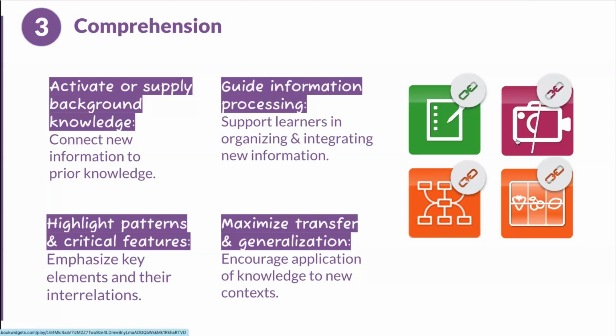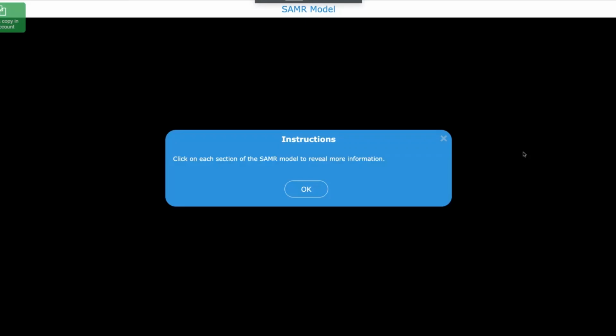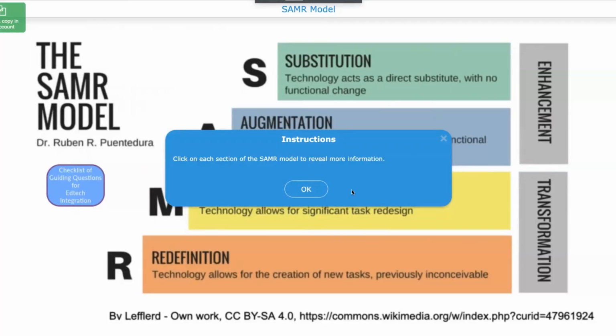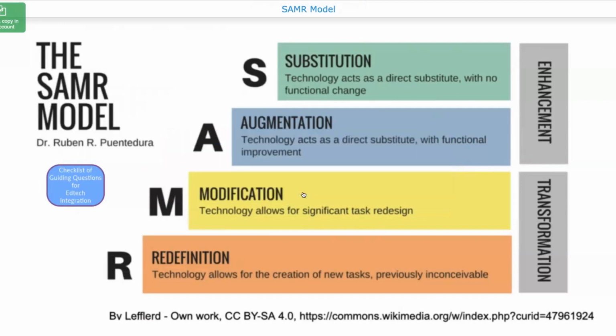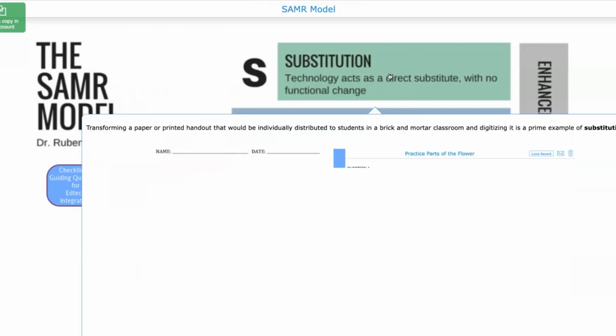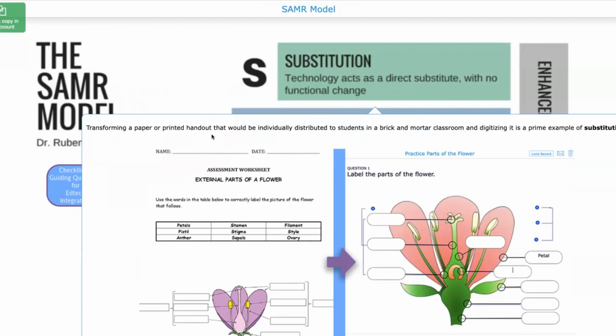Here we have a hotspot image. So this hotspot is about the SAMR model of technology integration. So this is another widget activity for you teachers, not just for your students. Each section of this will give you an understanding of a step of the SAMR model.